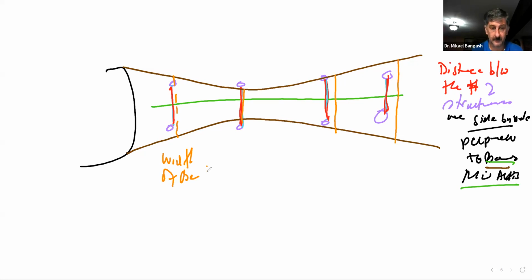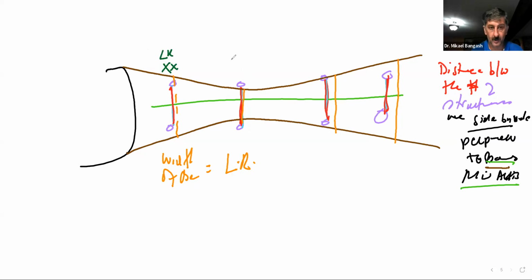That this width of the beam actually is going to be the lateral resolution. Based on this, we can say at this point here, we will have a bad lateral resolution.